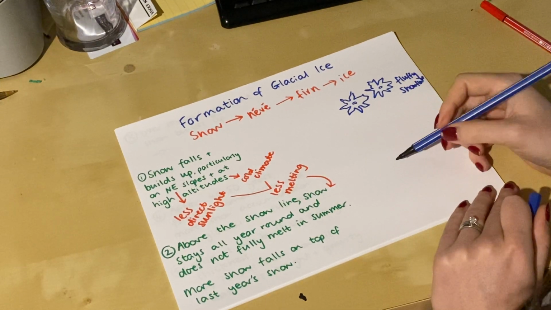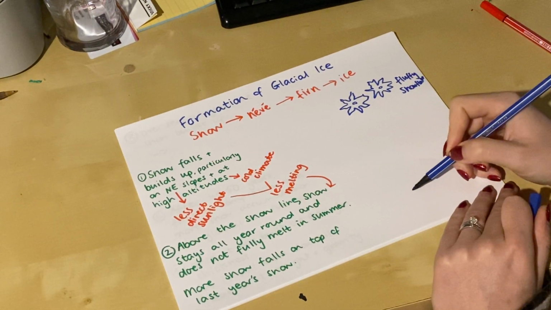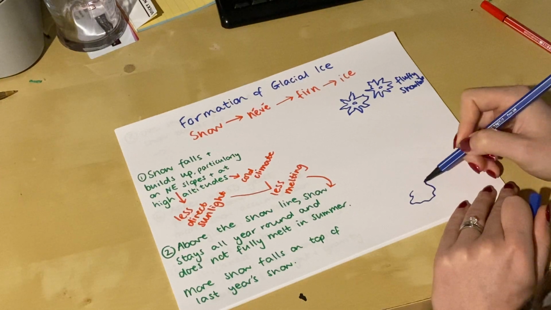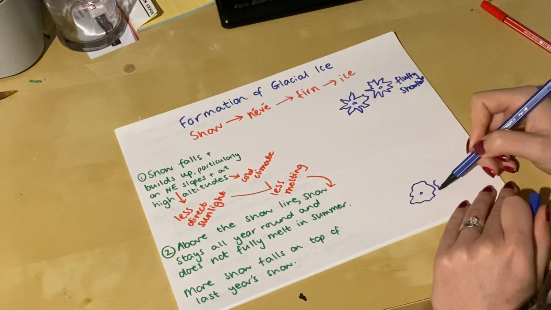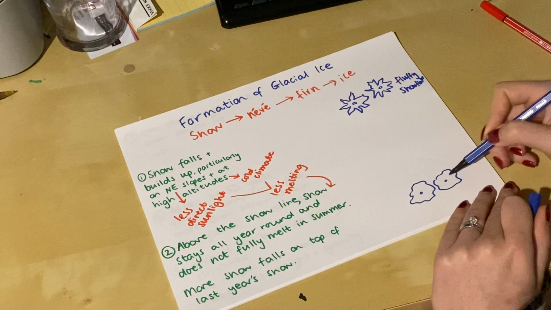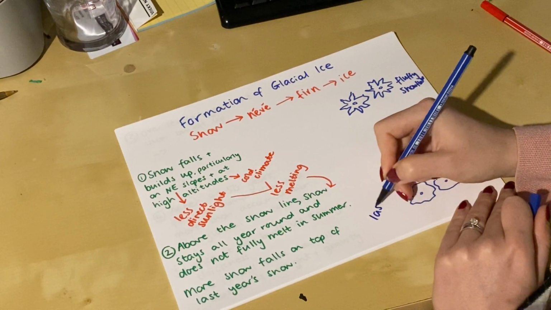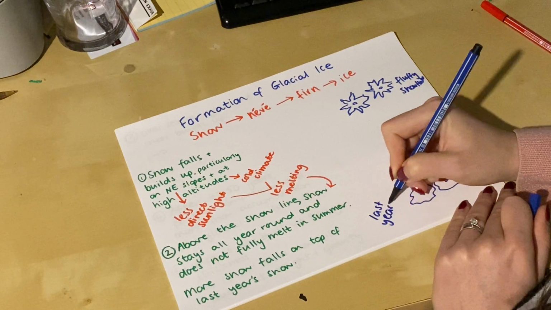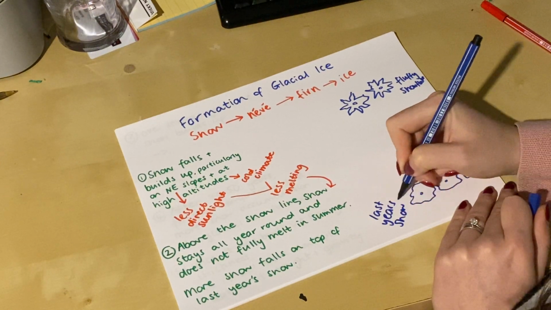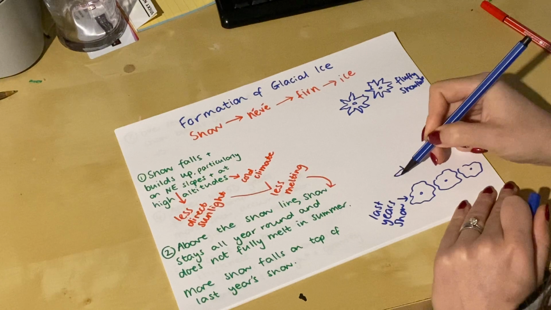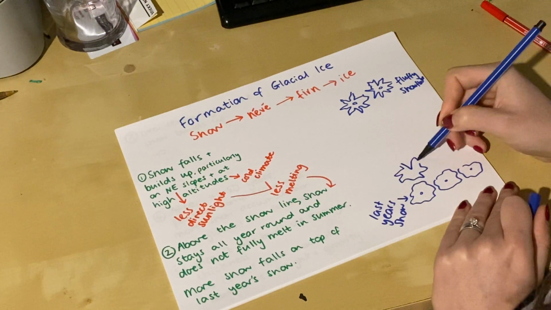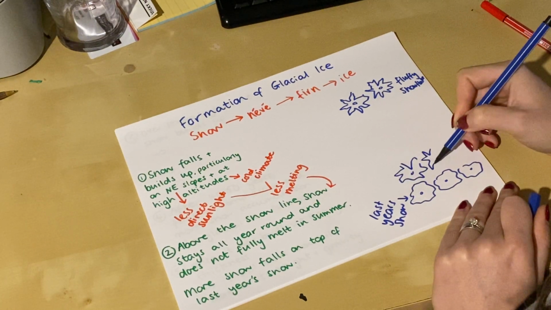So down here you end up with last year's snow, which isn't quite as nice anymore. The fluff has come away from them a wee bit as they've melted around the edges and then frozen again. So this is last year's snow, and you end up with more fluffy snowflakes from this year on top.